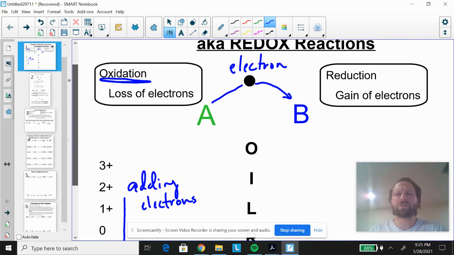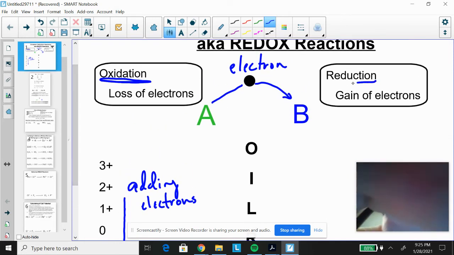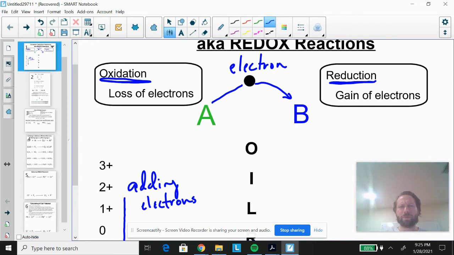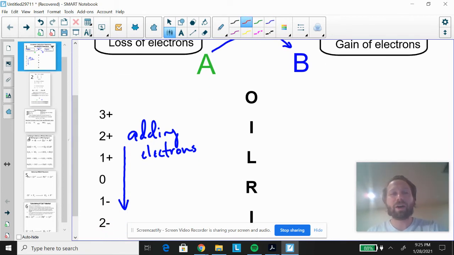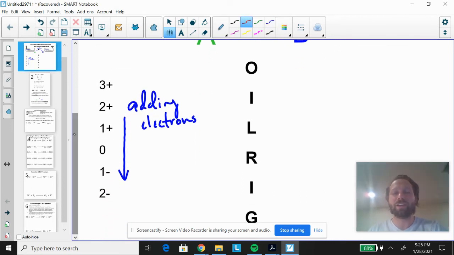Now, you might be curious about oxidation reduction. How am I going to remember this? Because it's really important to remember oxidation means losing electrons, and reduction is the gaining of electrons. And so we have a mnemonic. And the mnemonic is OIL RIG, just like the technology that we use to pull oil from the ocean floor.